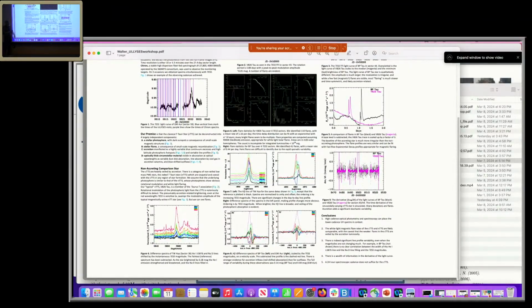Perfect. We have a whole bunch of spectra from CHIRON at 30,000 resolution. This shows differential spectra offset by the TESS magnitude. When it gets brighter, yeah, those lines get wider and they're bigger. That's the accretion. Here's H alpha. It's a mess. You see inflows and outflows. And let's just take a look at it. Poster 3.